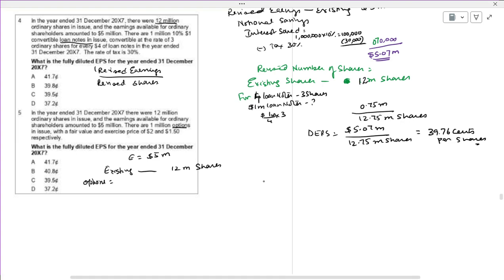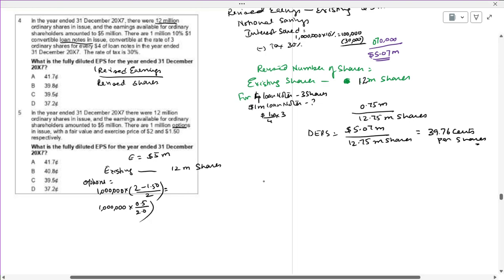Warrants, there are options, okay? Very simple. Option value is how much? Option value 1 million, is it right? Times fair value. Fair value is 2, minus 1.5, divided by 2. How many shares will you get? 1 million times 0.5 divided by 2.